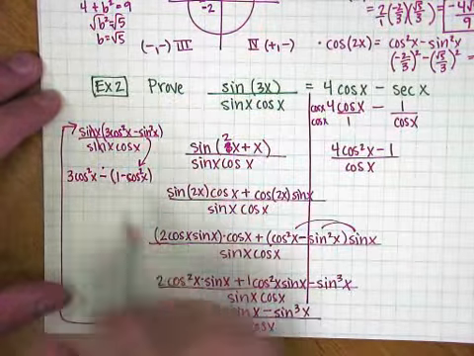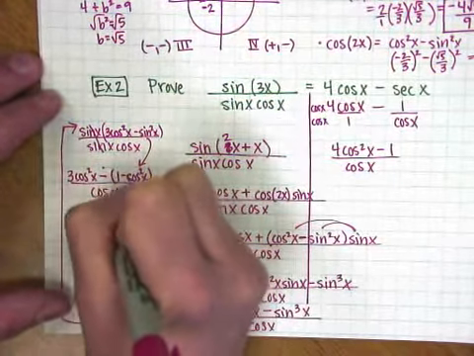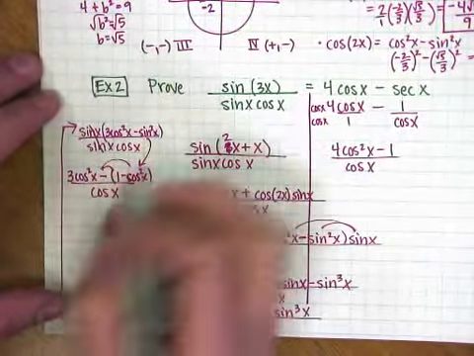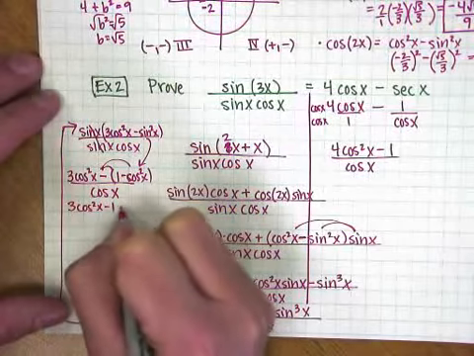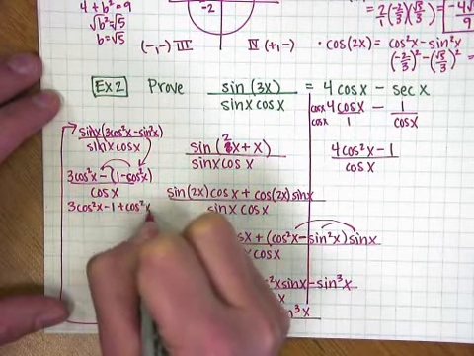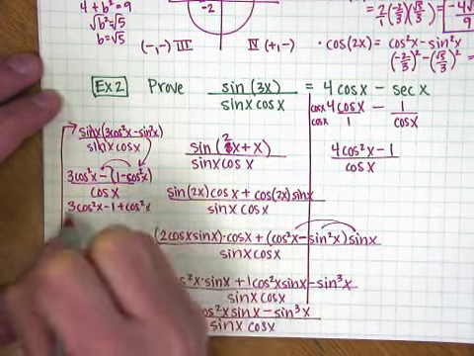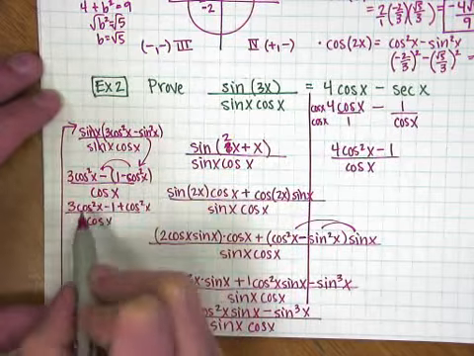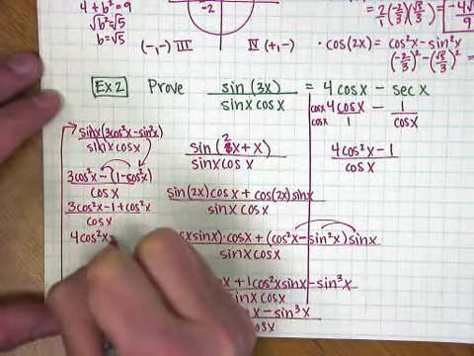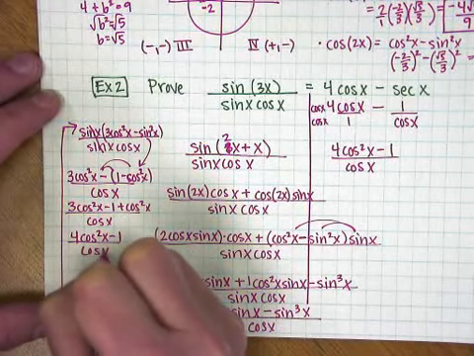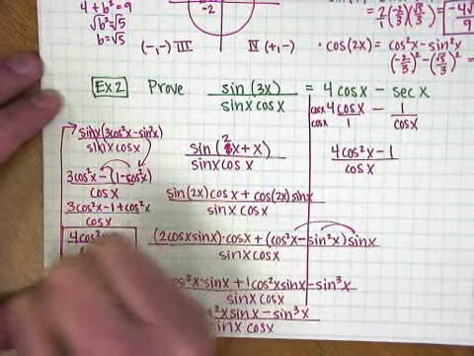That negative sine squared is here, all over cosine. And then I distribute the negative, so I get 3 cosine squared x minus 1 plus cosine squared x, since a negative times a negative is a positive. And 3 plus 1 is 4 cosine squared x, which is my right-hand side.